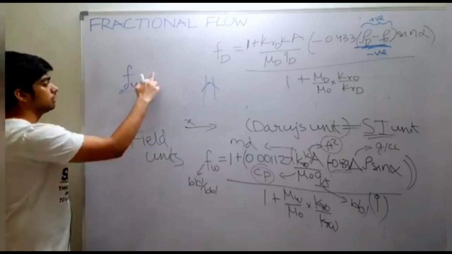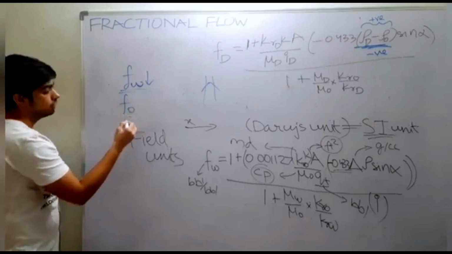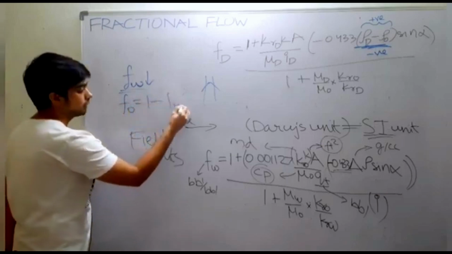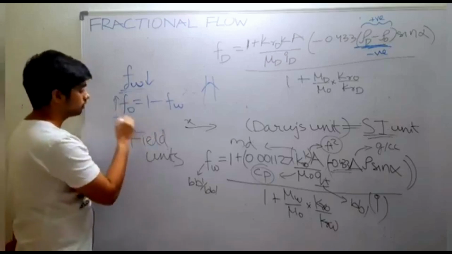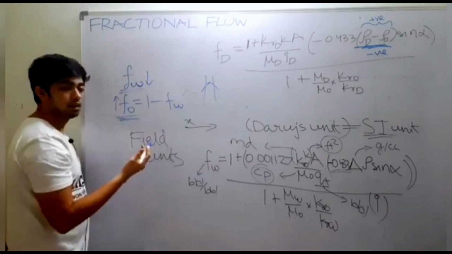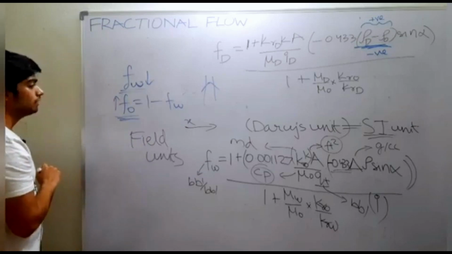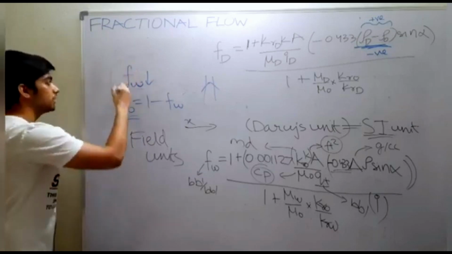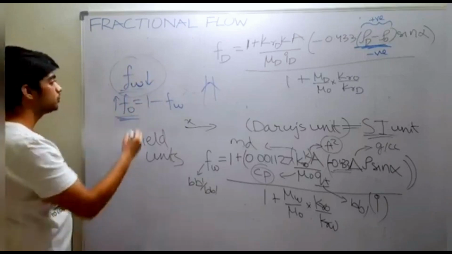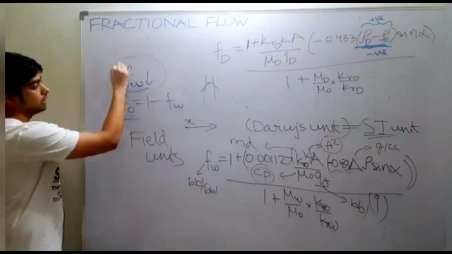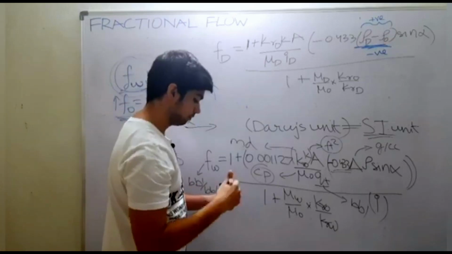If the fractional flow of water is less, then the fractional flow of oil will be greater, meaning a large amount of oil is flowing towards the producer well. So our main objective while doing the water flooding operation is to reduce the FW value, the water cut value.